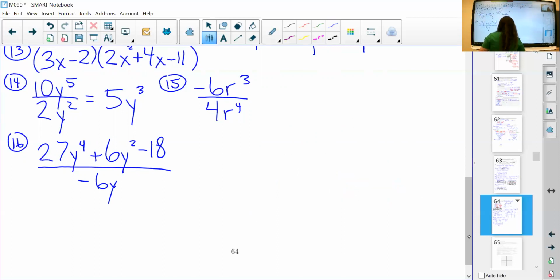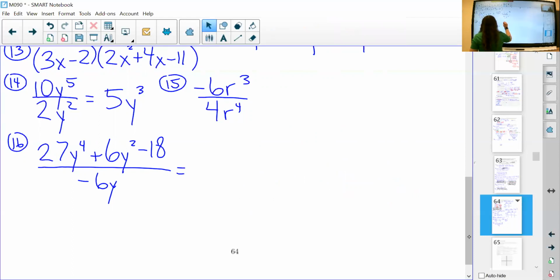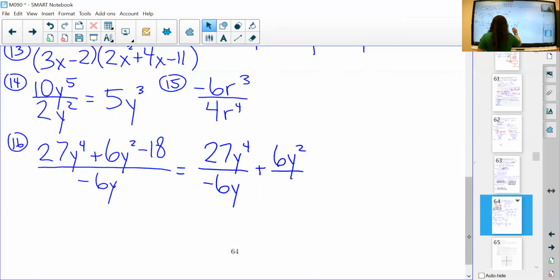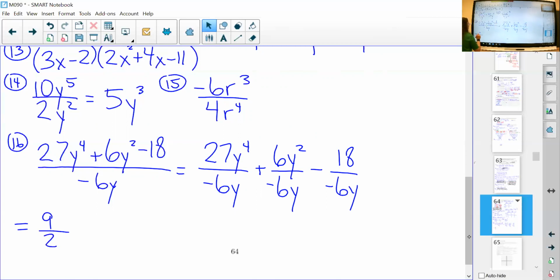Try it out. This is the same as 27y to the fourth divided by negative 6y. I can divide each term individually. As long as each term gets divided by it, I'm happy. So I have 3 easier to work with problems. 27 over 6 doesn't turn out super nicely, but I can divide top and bottom by 3, get 9 over 2.